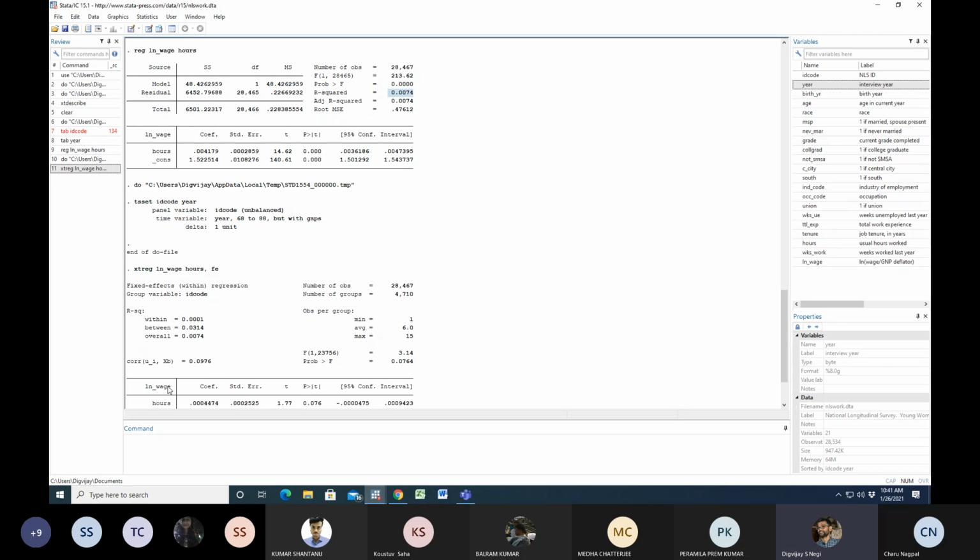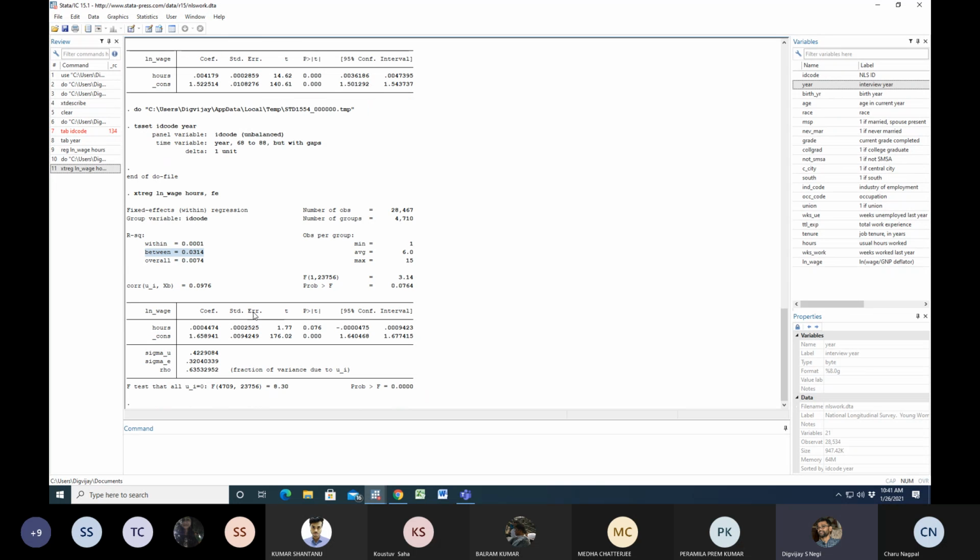So this R square in this fixed effects regression is the R square for the simple OLS. It's the overall explained variation. The within R square is the R square when we do this demeaning procedure, so after demeaning, the R square that we have is this one. And then there is this between R square, and I will talk about what it is. I'll estimate a between regression and then tell you what that is. Okay.